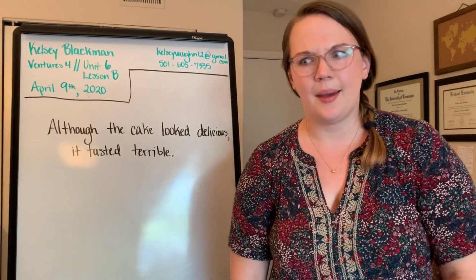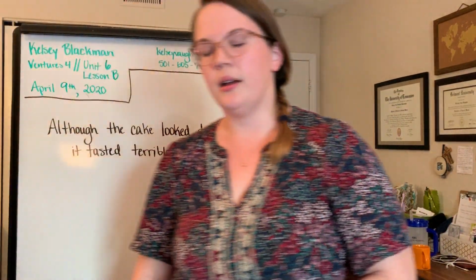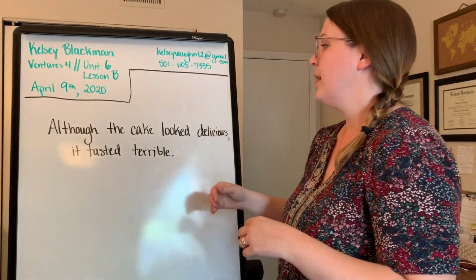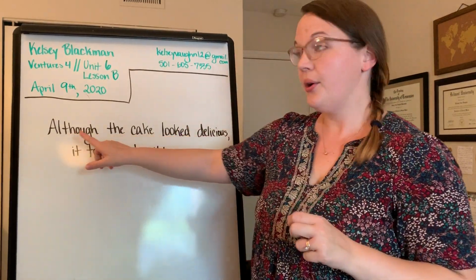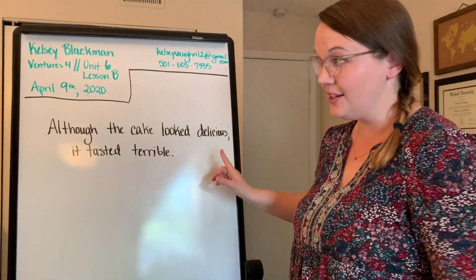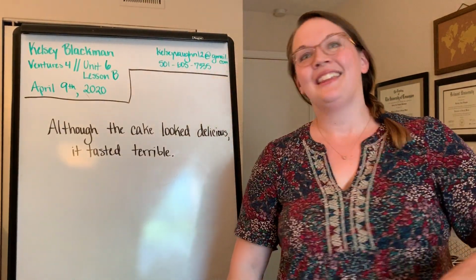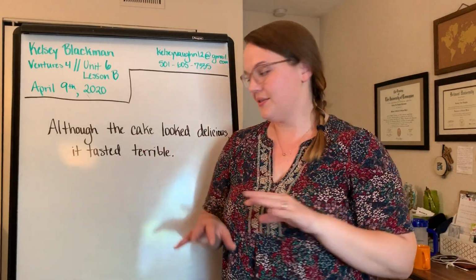Okay, so what does that mean? Let's look at an example. So, thinking about my own life, here's an example. True story. Although the cake looked delicious, it tasted terrible. So we have two pieces of information here.